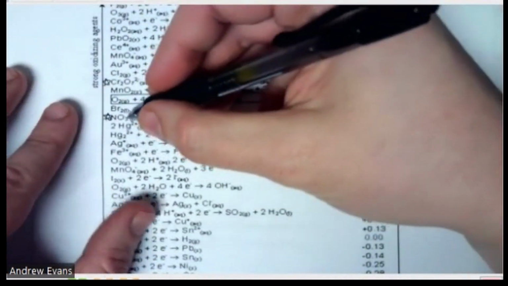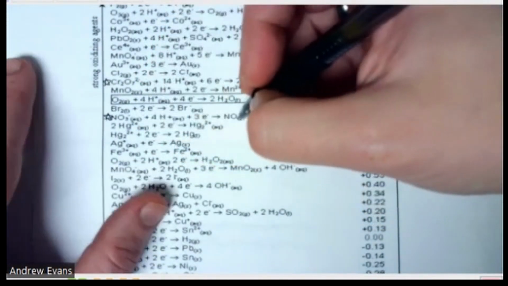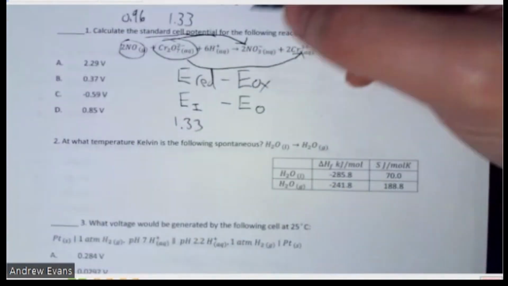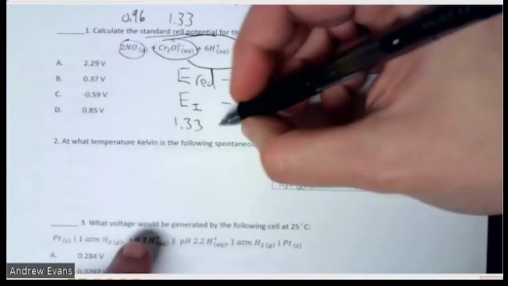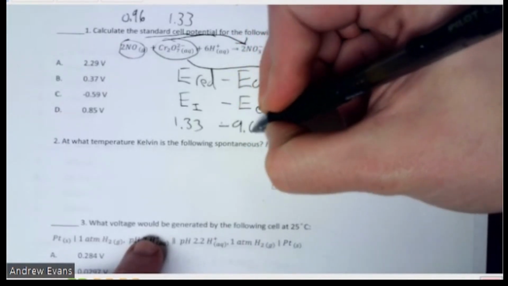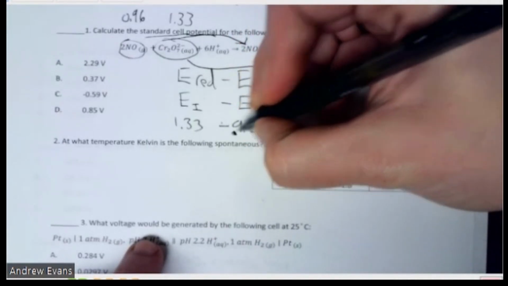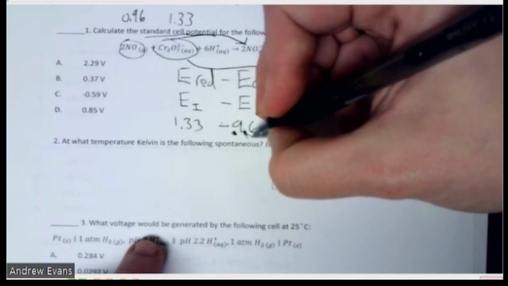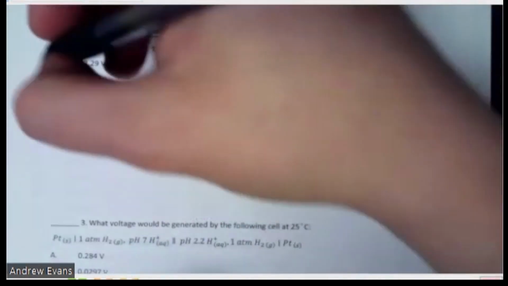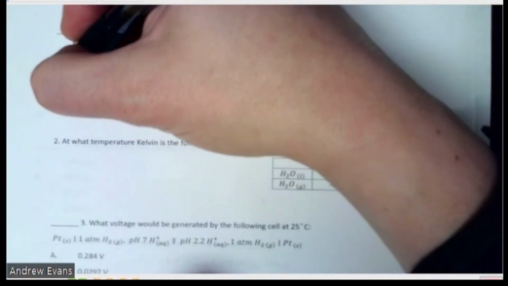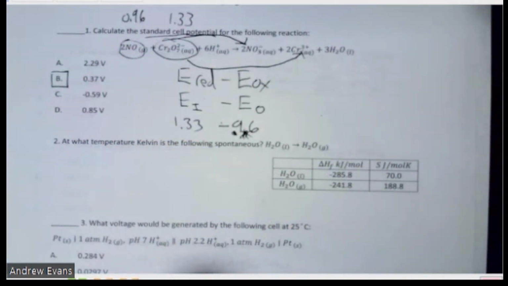The nitrate is on the left, NO is on the right. So that's the opposite of how we see up here. So opposite. So 1.33 minus 0.96, the only possibility is B.